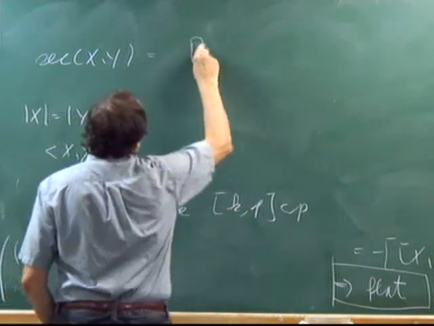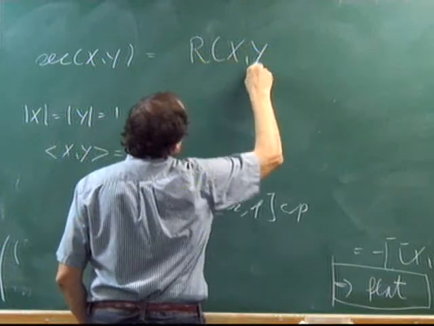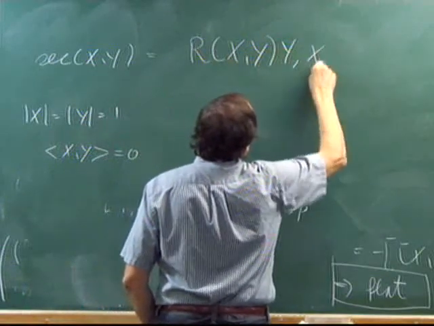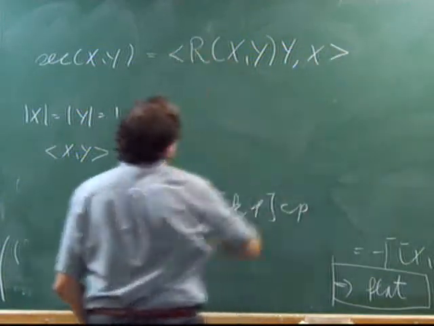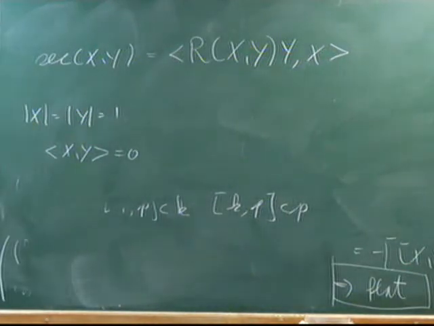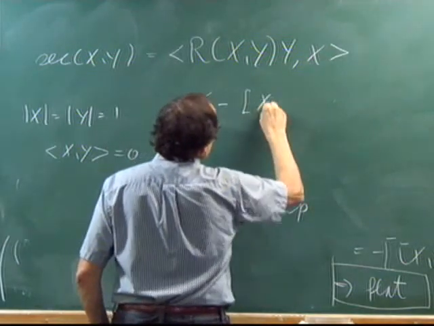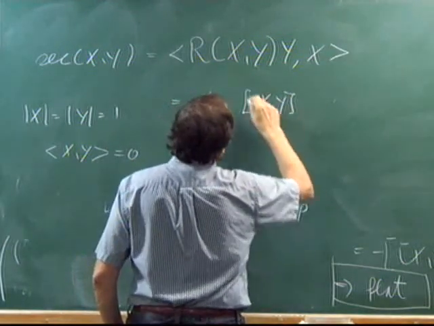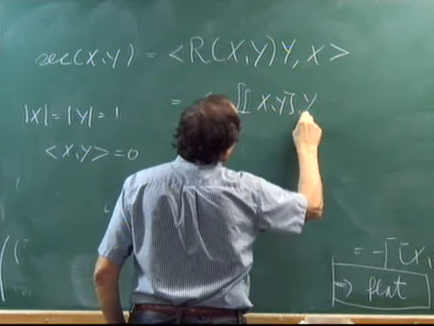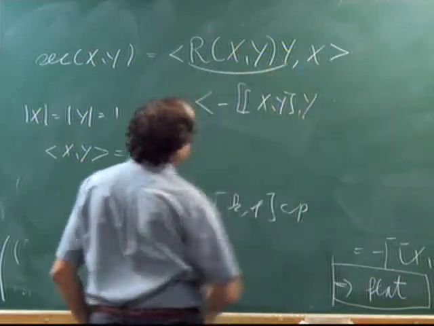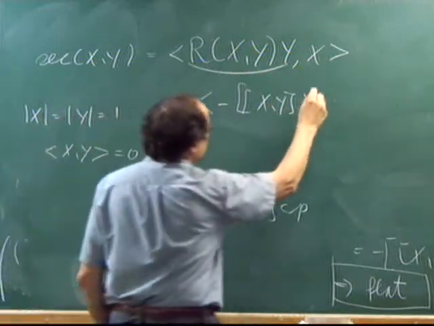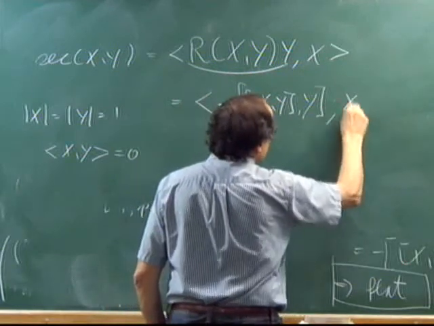And this is just R(x, y, y, x) in my sign notation for curvature, which is opposite to do Carmo. Right? Well, what would you say the curvature is? It's given by Lie brackets.